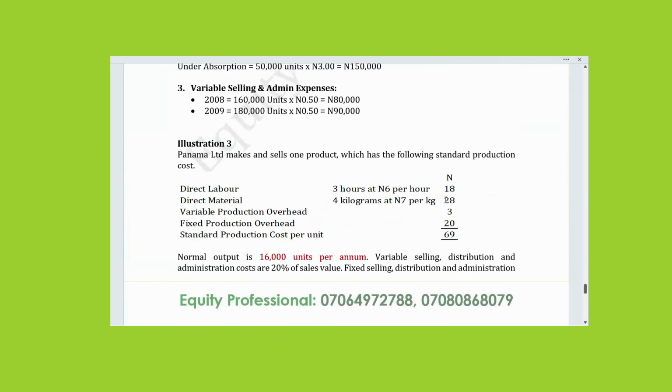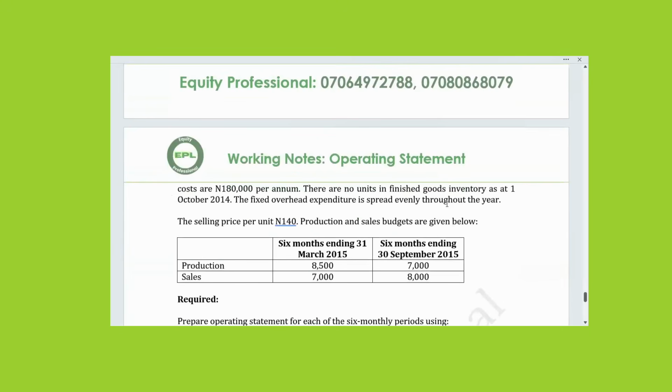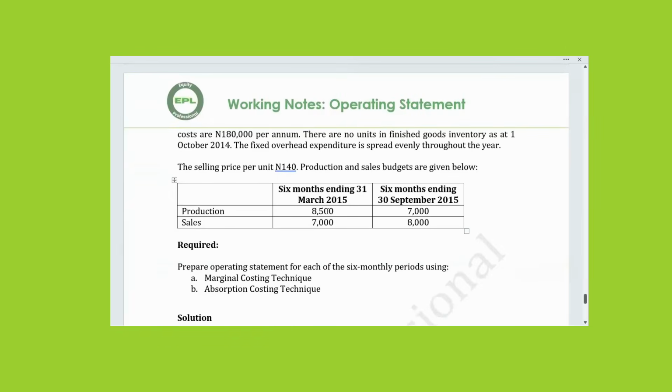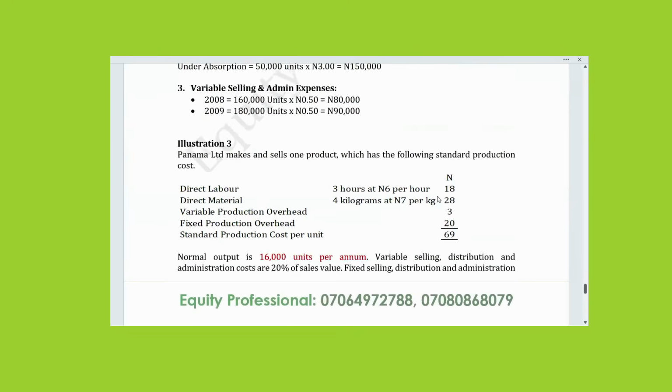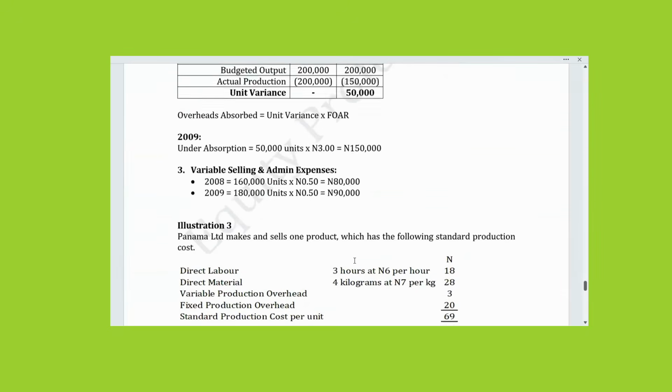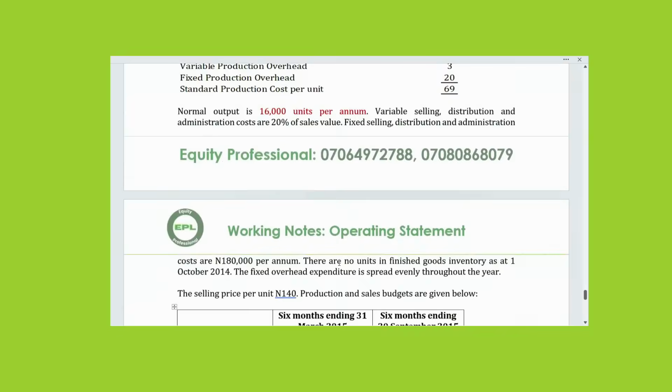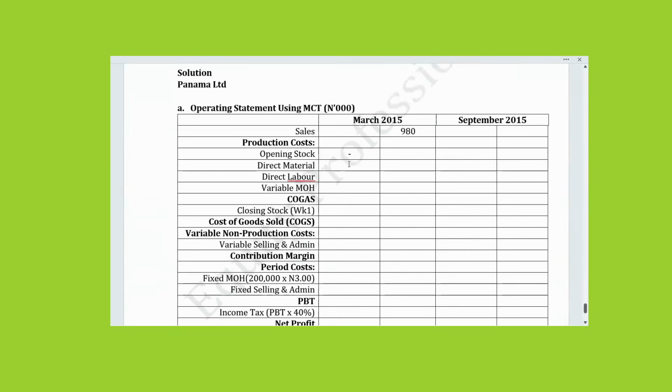Therefore, how many units were produced in March 2015? The company produced 8,500. Therefore, 8,500 multiplied by 28 naira. What do we have? 238,000. So here will be 238.